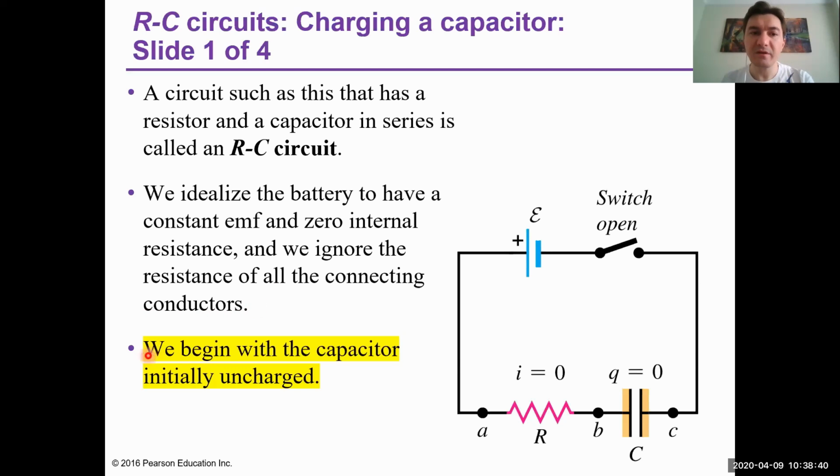Then we start with the capacitor initially uncharged. At the beginning, we have an empty capacitor, and the total charge on the capacitor is zero. The switch is open, okay? So there is no current in the circuit. The current is also zero at the beginning.